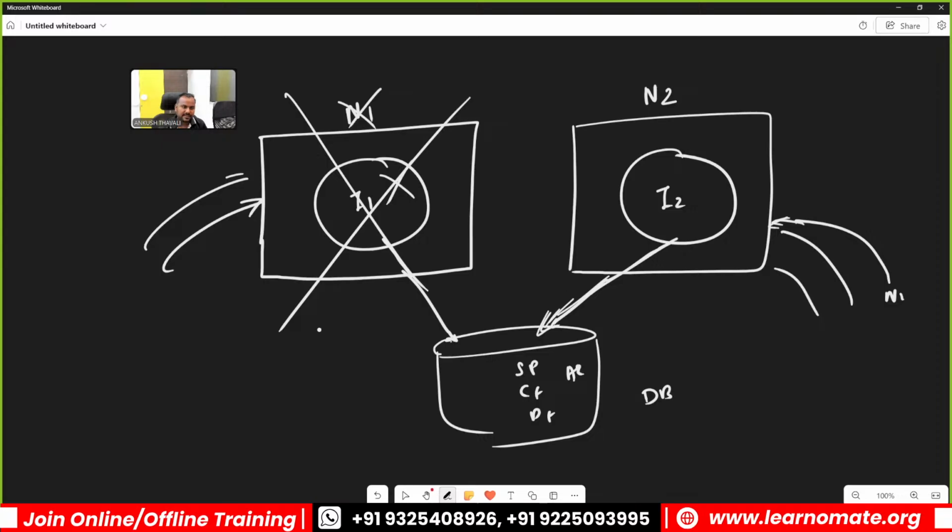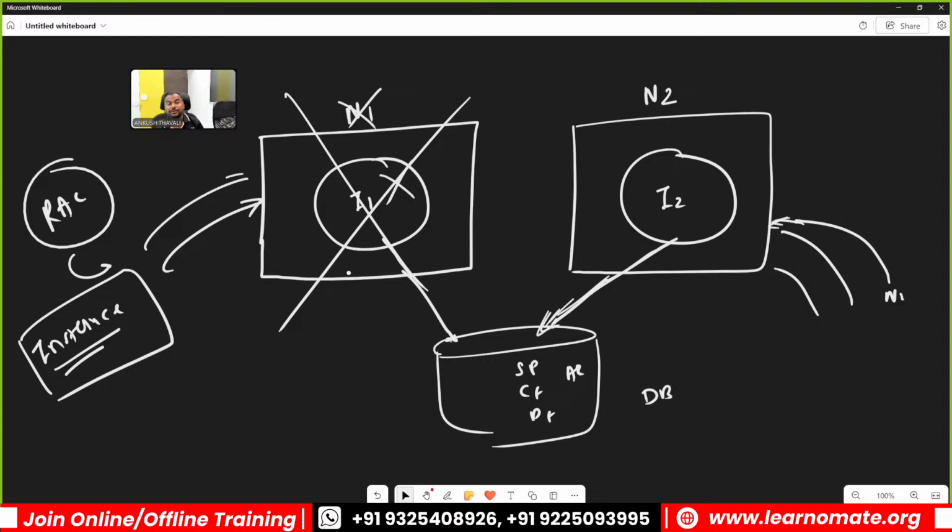So this setup we call an Oracle RAC environment, and this provides you instance level high availability. Now you might be asking, why is it providing only instance level high availability? Why am I using the specific words instance level high availability?